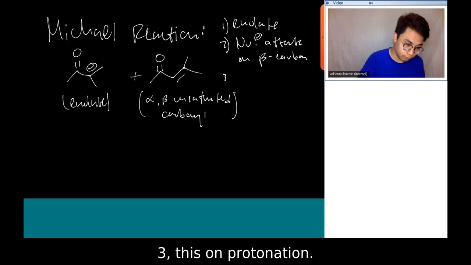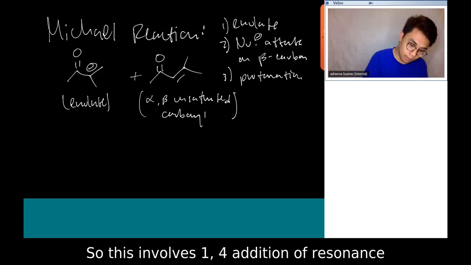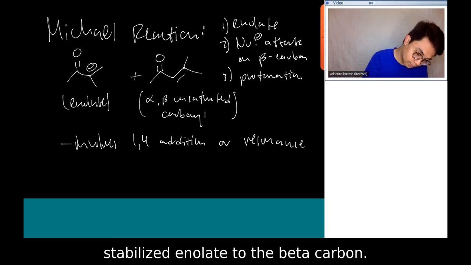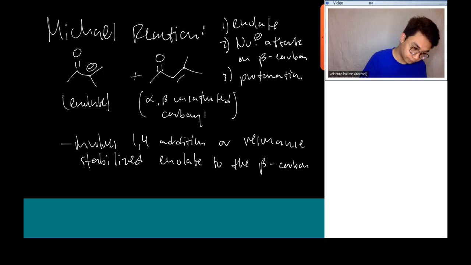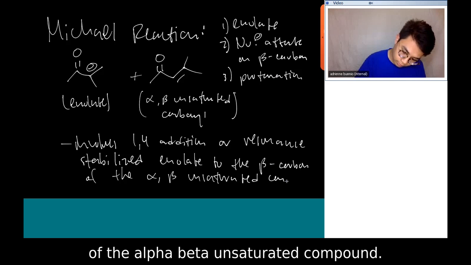Third, protonation. So this involves 1,4 addition of the resonance stabilized enolate to the beta carbon of the alpha beta unsaturated compound, right?